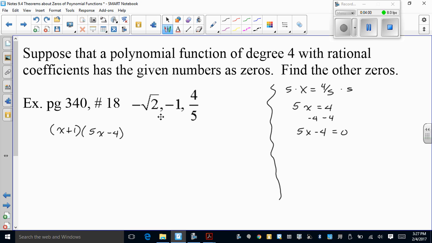And now let's take care of the radical 2. x equals, remember they come in conjugate pairs, plus or minus radical 2. Square both of them, and we get x squared equals, oops, I forgot the radical on this guy, x squared equals 2. Subtract 2, and you get x squared minus 2 equals 0, and that is your last one.